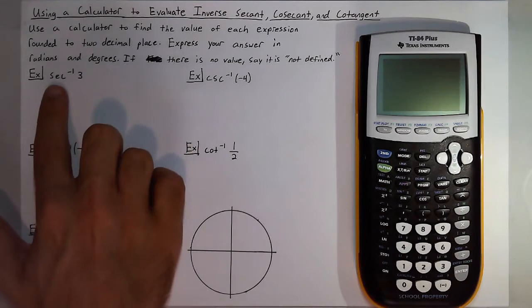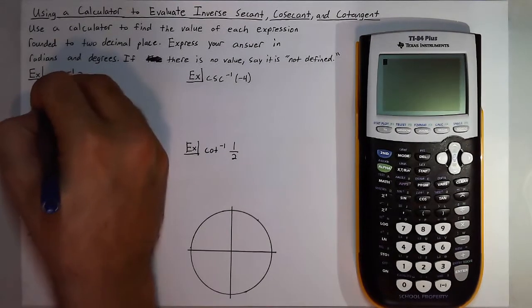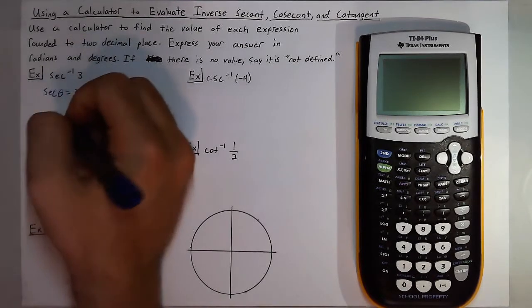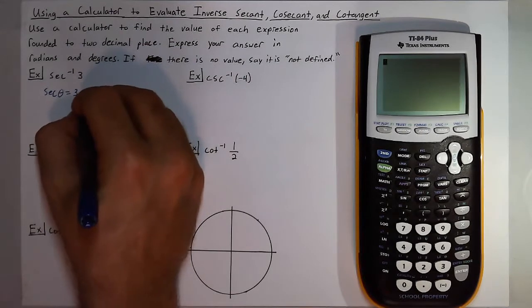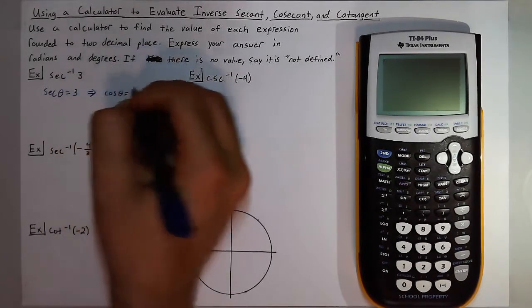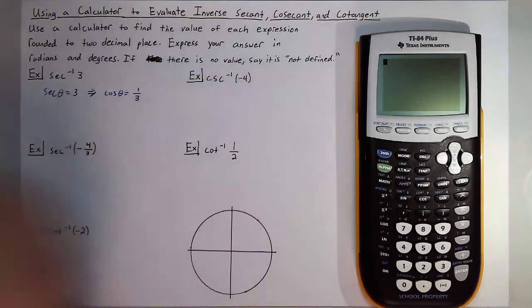Now we have secant inverse of 3, which could also be thought of as secant of theta is equal to 3, so what angle makes secant equal to 3? Using the reciprocal of secant, which is cosine, it is what angle makes cosine equal to positive 1/3.